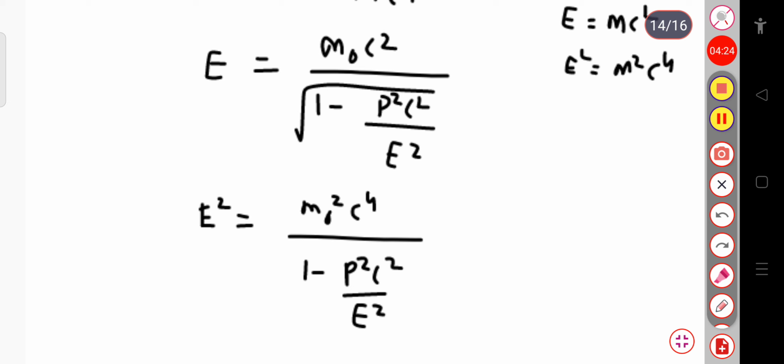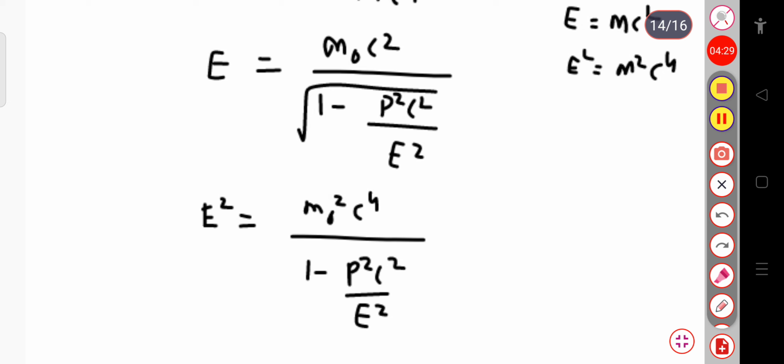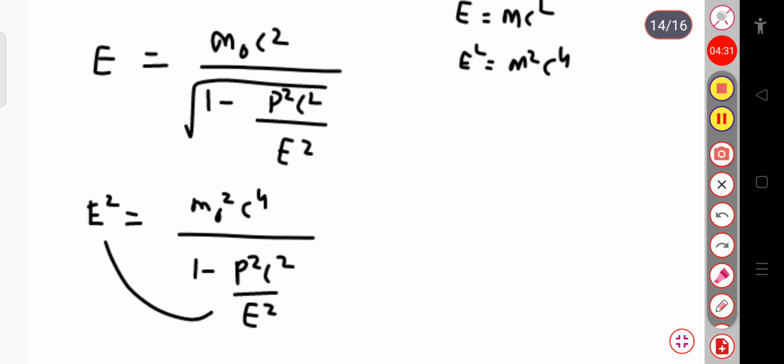Now let us solve this equation. I can multiply this E square with the term 1 minus p square c square divided by E square, and that will be equal to m naught square into c power 4.